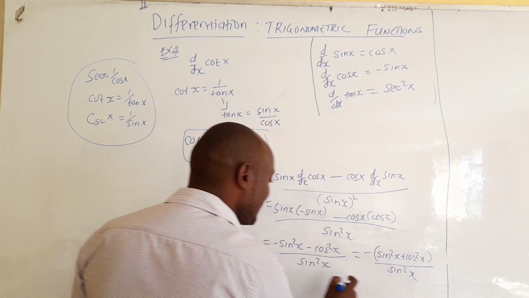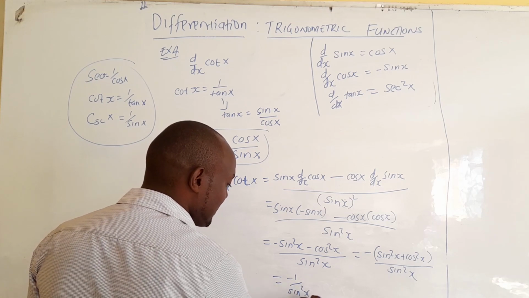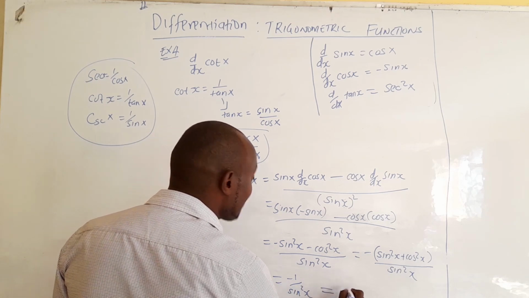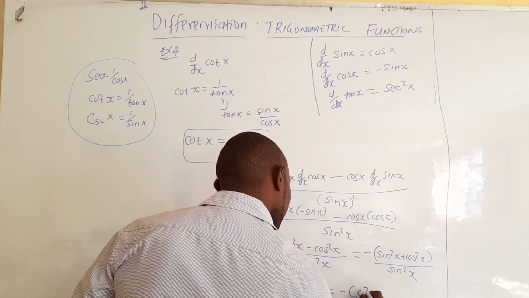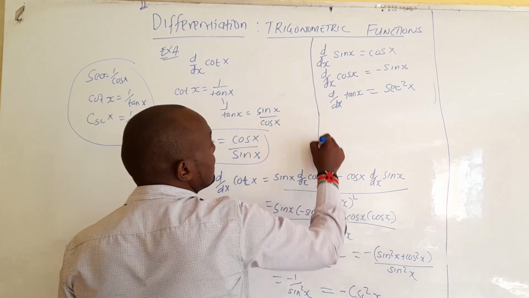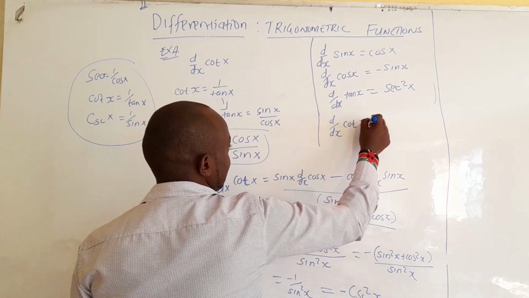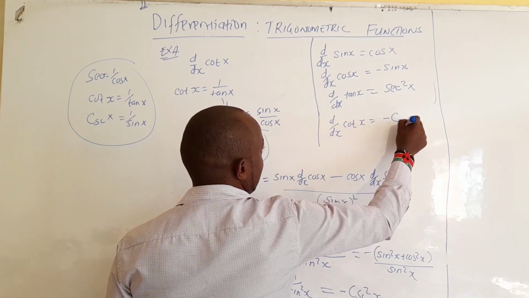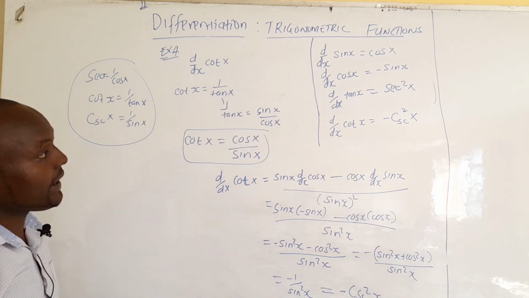Remember this one is 1, so we have negative 1 all over sin squared of x. And this one now is the same as negative cosec squared of x. So we can conclude that if you differentiate cot x, you get negative of cosec of x, squared.